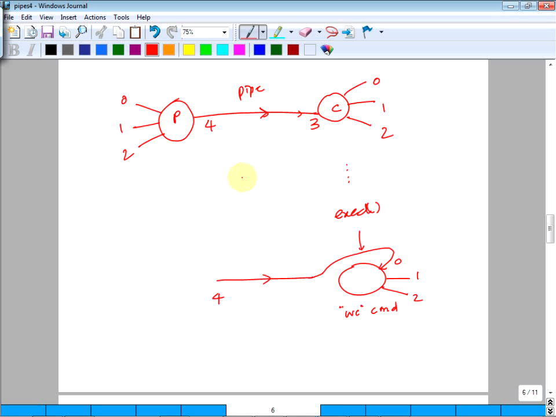Well, how you do that is you close 0 first on this side. Then you do dup of whatever the variable name was, FDs of 0. I'll just stick to FDs of 0.